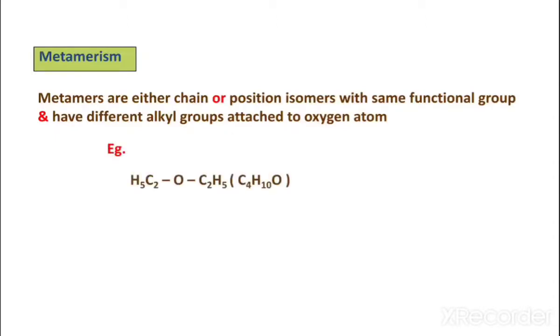For example, here C2H5OC2H5 and CH3OC3H7. That means these are metamers of each other. Okay. Thank you.